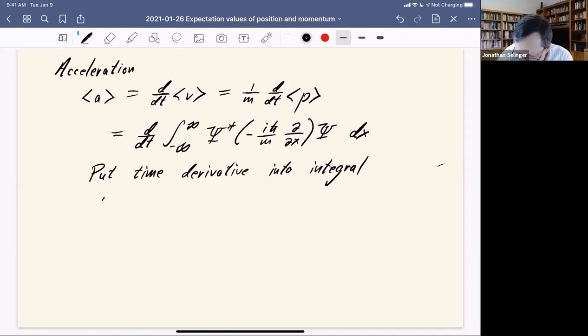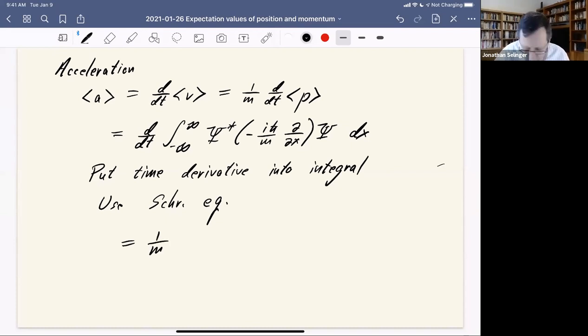This is all in the book, by the way, so you can read all the steps there.